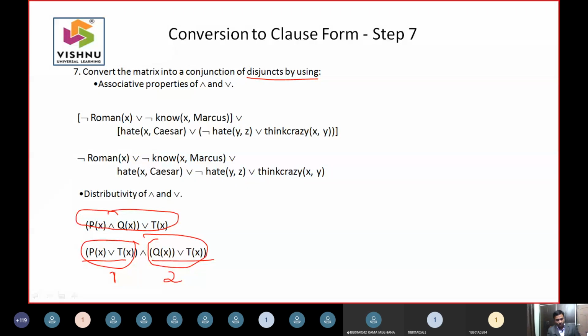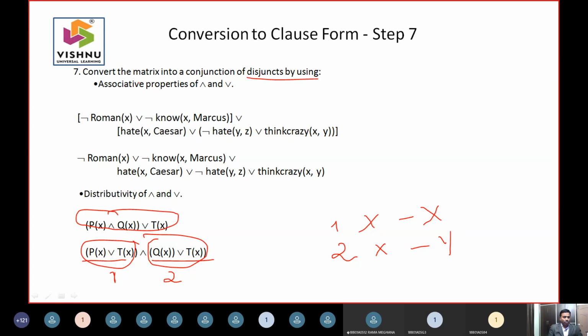In the next slides, we take this as a single statement, 1 as a statement and 2 as a statement. But in 1 they have used x, and in 2 also they have used x. So the last slide says you generalize the value: you take x here, and in the second you take y. This is what we have studied.